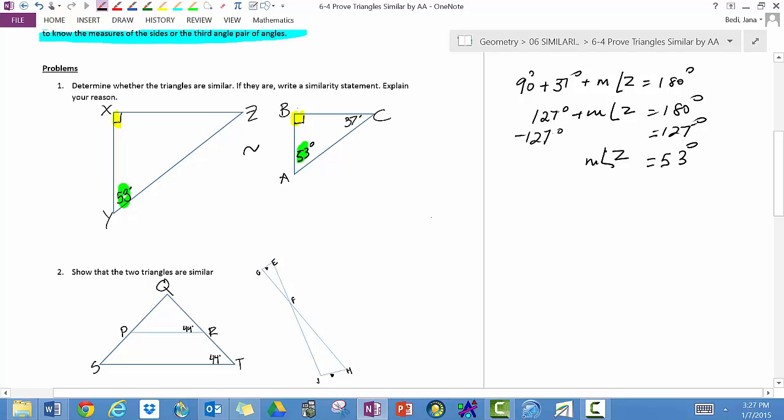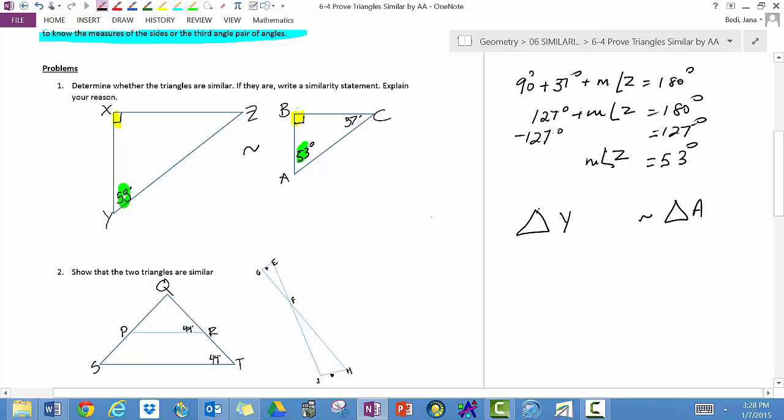And if I was to write my similarity statement, I have to be sure that this is in the correct order. So I would say triangle Y, similar triangle. So I'm going to look at the angles.